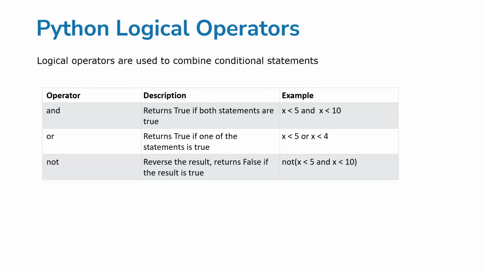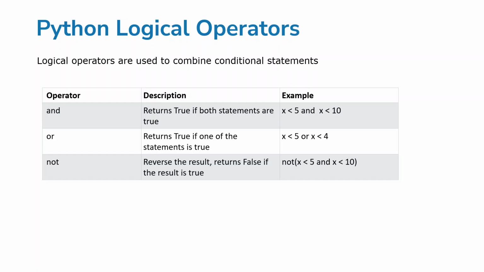When you have one and zero, it will return true in the case of or. And not is just the opposite of the actual condition. Maybe let's see a detailed example of how you can use the and, or, and not operators in Python.